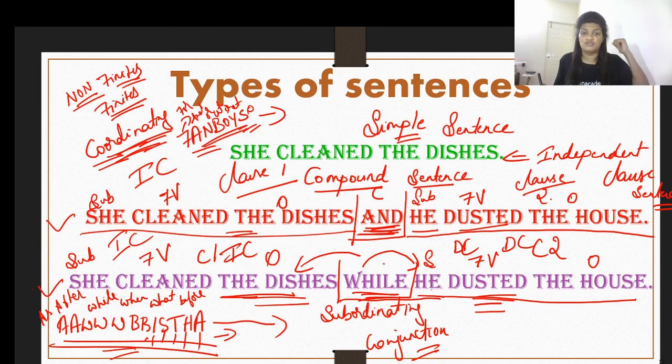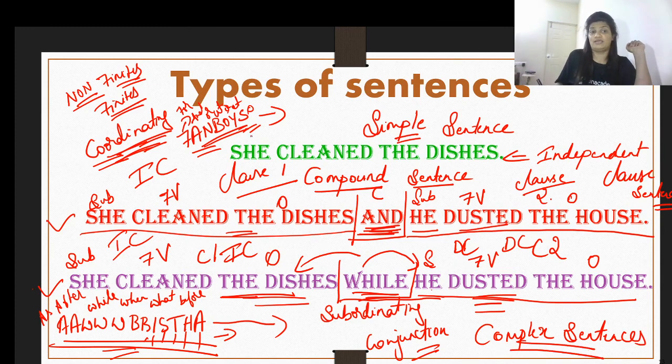So what do we call these types of sentences when you combine two clauses with AUBISTA or with subordinating conjunctions, where you have one independent clause and another dependent clause? We call them complex sentences.